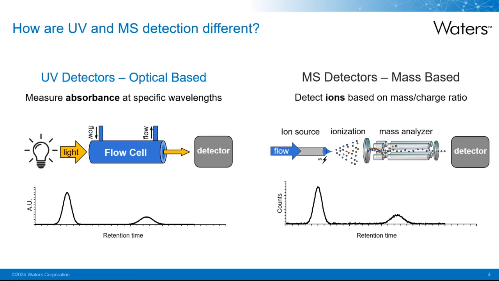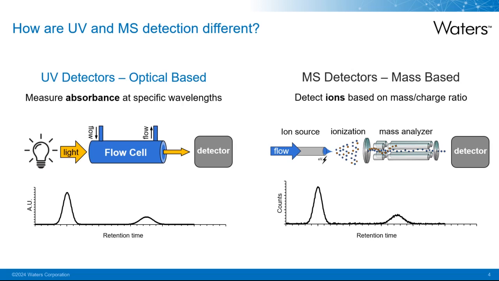How are UV and mass spec different? Some people in the audience may be used to UV detectors and trying to understand how mass spec is different. A UV detector contains a flow cell where light at a specific wavelength is directed through the sample passing through the flow cell. Molecules that have a chromophore will absorb the UV light, and a detector will measure how much of that light is absorbed.